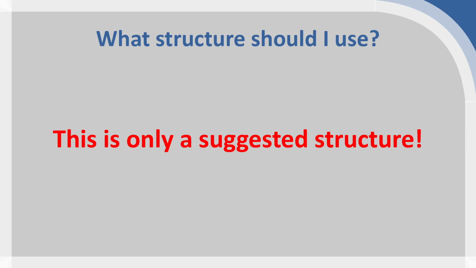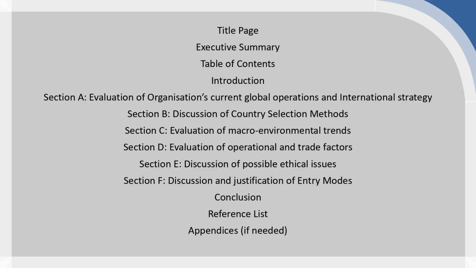In that case, that's absolutely fine for you to use your own structure. You have to make sure that your structure is appropriate for your argument. That's part of what you're being marked on. So consider this just to be a suggestion to get you thinking about how you might want to structure your actual report. So if we lay out the structure and go through it one by one.